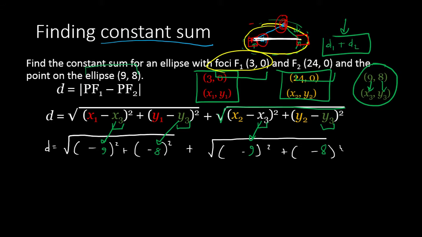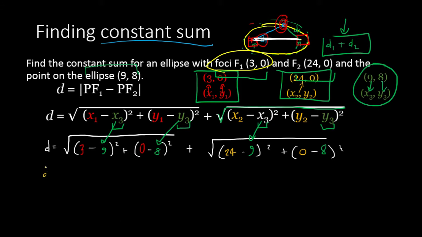All right, so I'm going to call x1, y1 3, 0. So if x1 is 3, I'll write a 3 here. y1 is 0, I'll write a 0 here. Notice that this coordinate only appears once in the equation. Foci appear once each in this equation. x2, y2 is 24, 0. So now I've got my setup done.